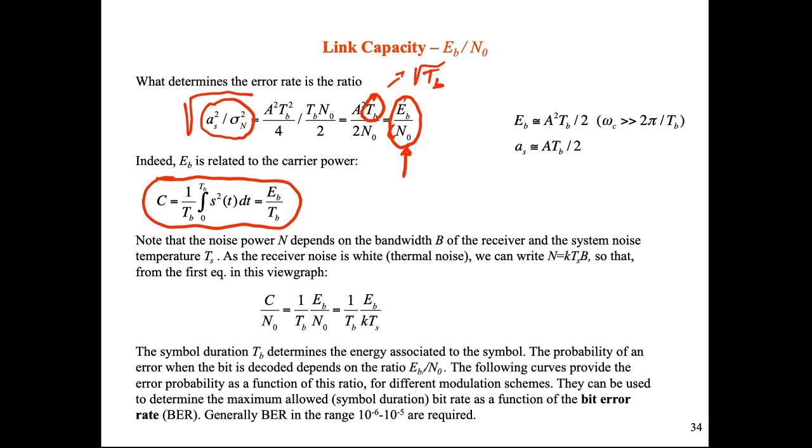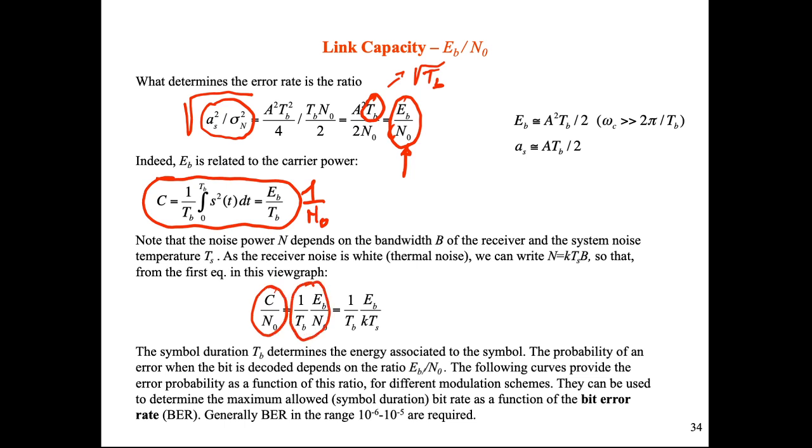And if we want to introduce the quantity N0, we multiply by 1 over N0, and obtain C over N0.